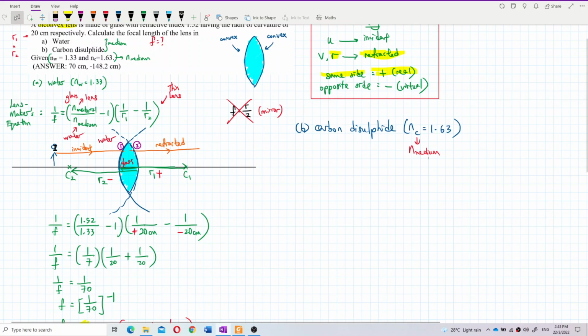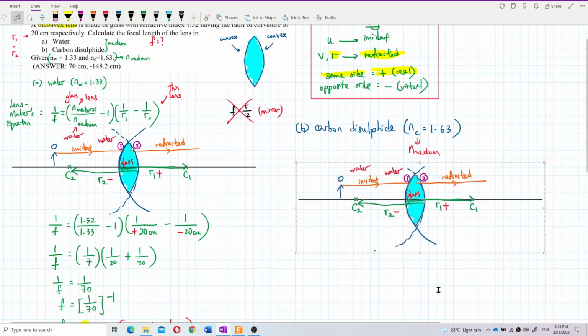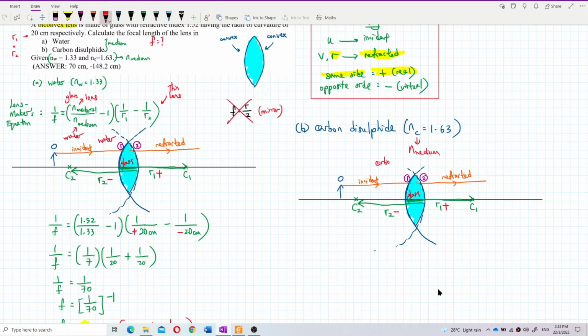Maybe I just draw it over here a little bit. It still follows the same, just that now the medium has become carbon disulfide. I put the lens inside the carbon disulfide.